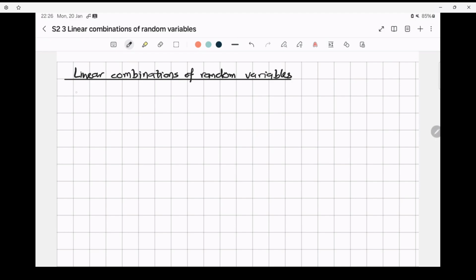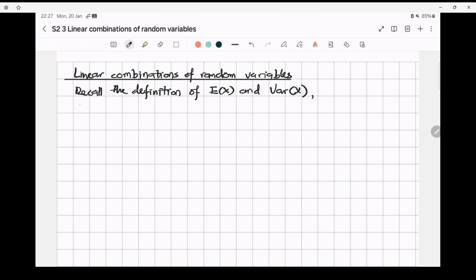So, first of all, let's recall the definition of the expected value and the variance. What we want to study is how these two quantities vary under linear combinations of random variables. I will quote the discrete version and then also the continuous version.